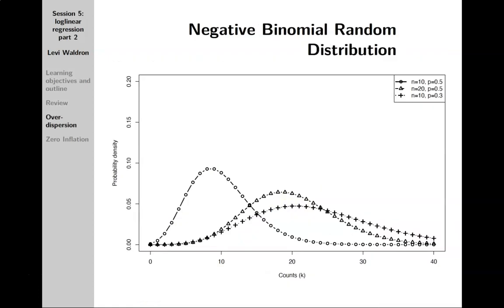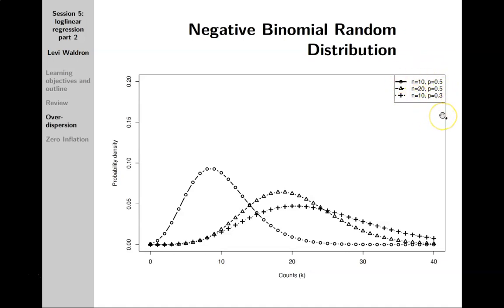Now, taking a look at the negative binomial distribution, it is again just a probability distribution. So these are integers on the x-axis here, integers from 0 up to 40 I'm showing here. And these are a few different negative binomial distributions.